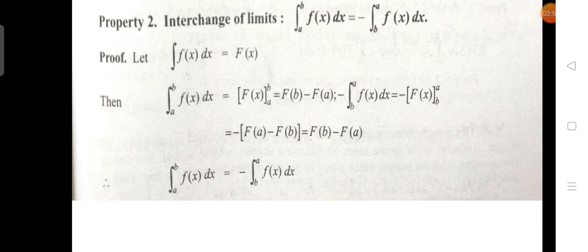So the limits are interchanged. If you change the limit from a to b to b to a, it is the negative of the integral. It becomes F of a minus F of b. This is property 2.